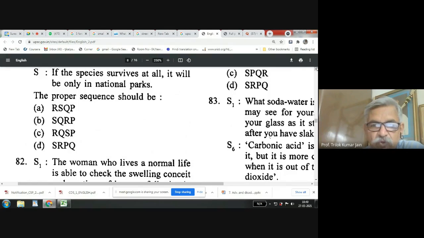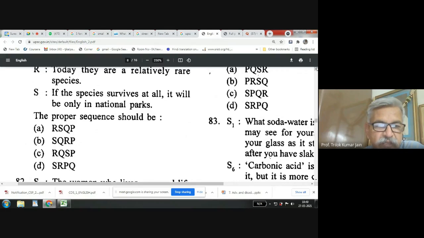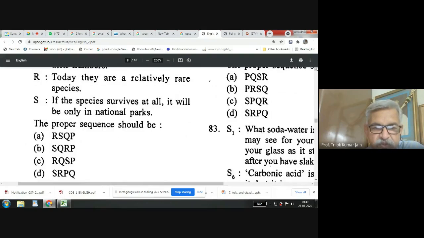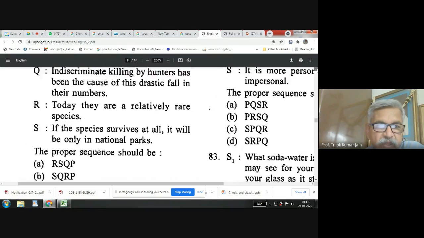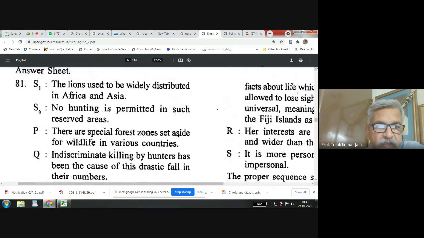So you have to look at the options and select the best option. In the options we find either the sentence starts with S or it starts with R, and mostly it ends in P. So let us look at the sentences and connect them. The first sentence: lion used to be widely distributed in Asia and Africa.